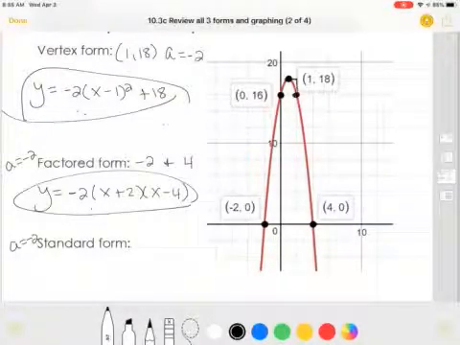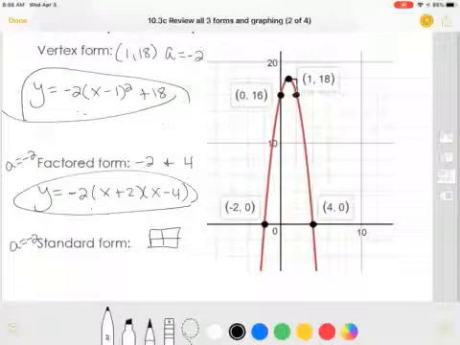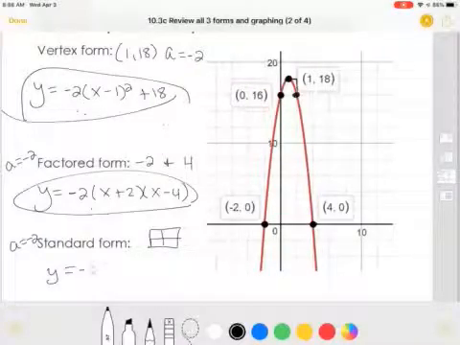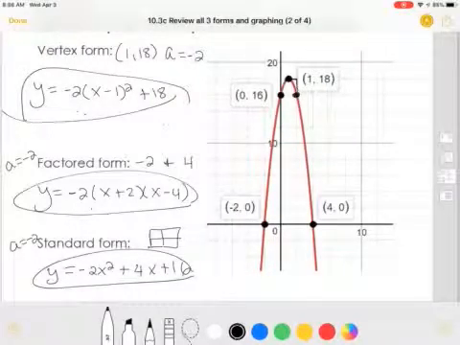When you multiply them out, you could use your box method if you wanted, or you can use your arrows to distribute. But when you multiply them out, you will get y equals negative 2x squared plus 4x plus 16. All right, so the big idea is that even though we spent the year looking at these three different forms, they are just three different representations of the same thing.